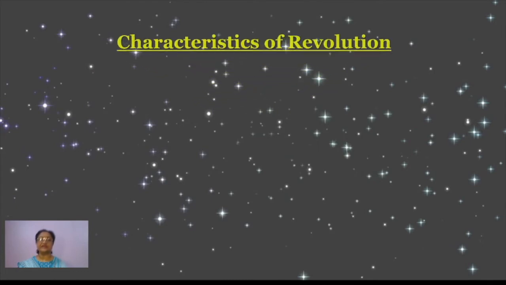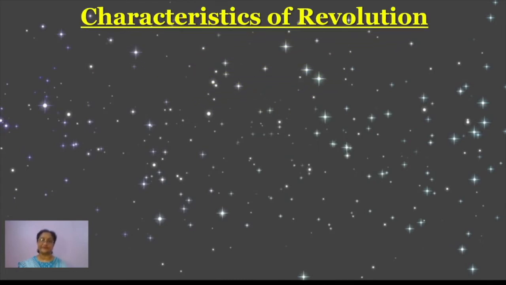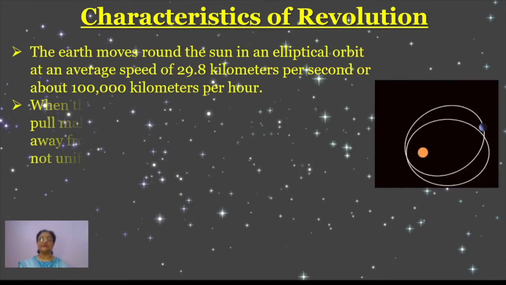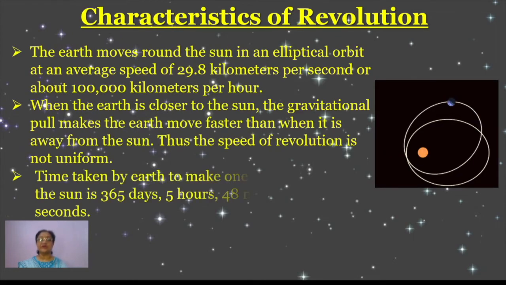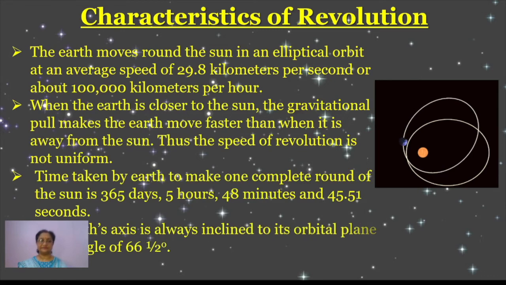And this movement of earth around the sun is called revolution. This is revolution, when the earth moves around the sun on a fixed orbit, right? Orbit means its path. Clear?